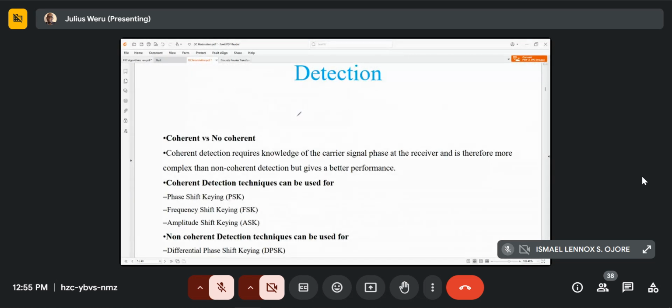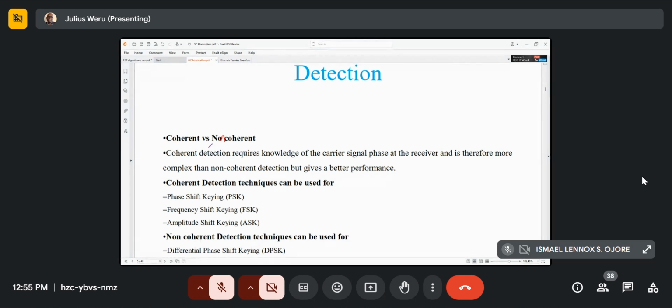Detection. I thought we would talk about detection. There are two types of detection: coherent and non-coherent. Coherent simply means you need to have knowledge of the carrier signal phase.